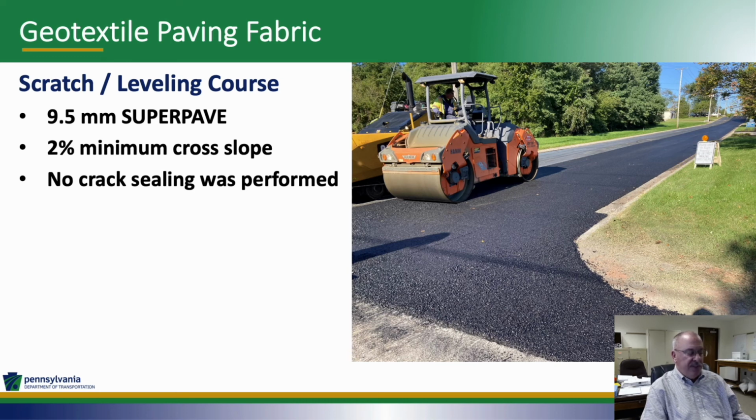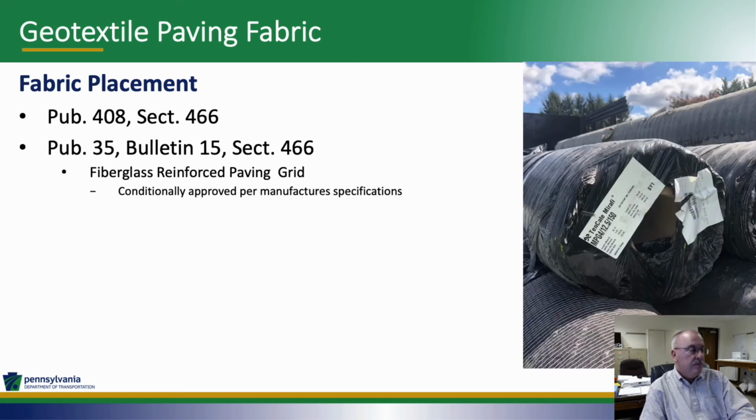Keep in mind that the geotextile paving fabric must be placed on a drainable surface with no depressions, which may hold water in the overlying asphalt concrete. Thus, the reason for placing a scratch and leveling course first. So the portion of the project that involved the fabric is covered in PennDOT Pub 408, section 466.